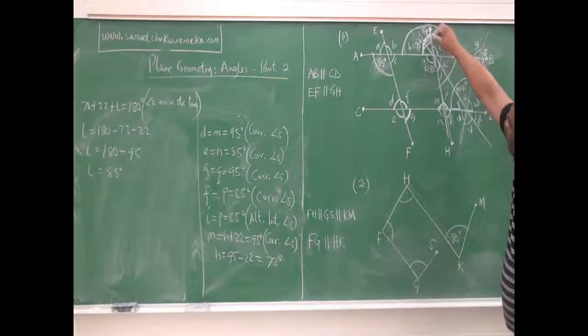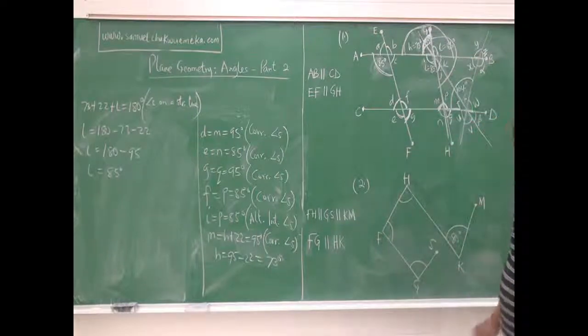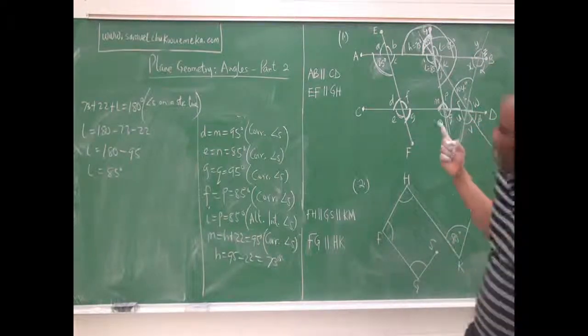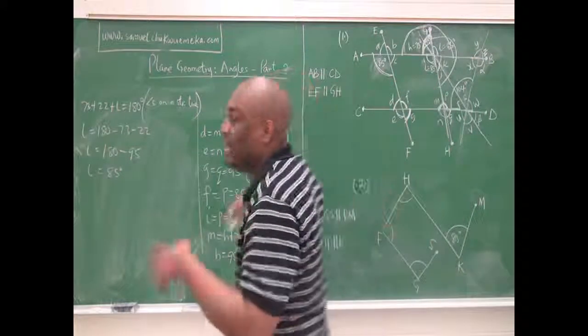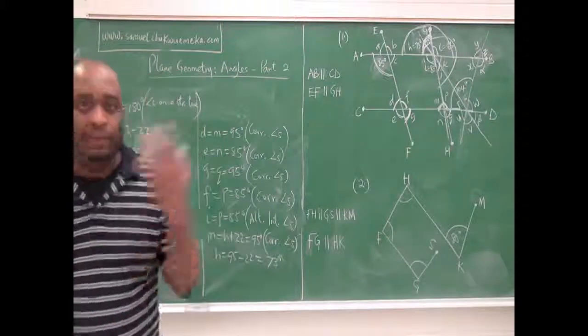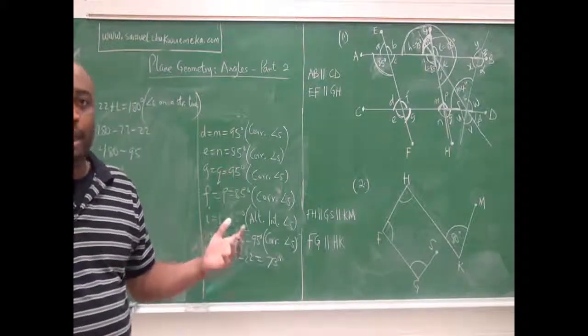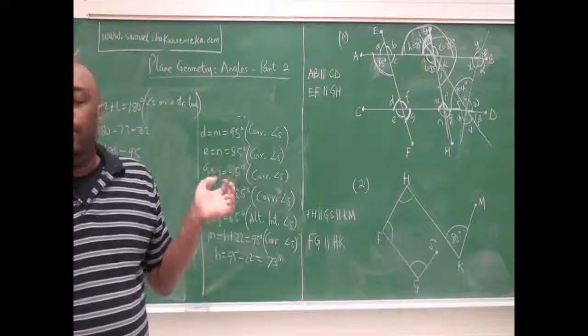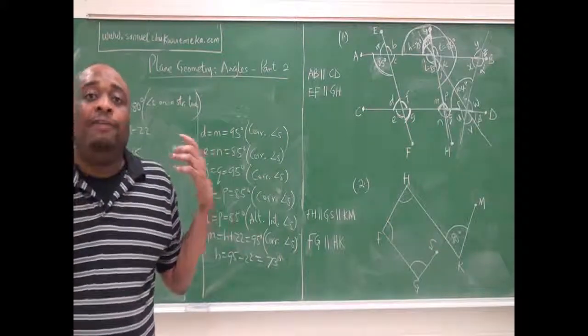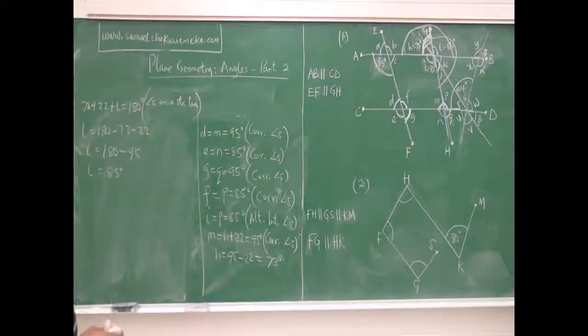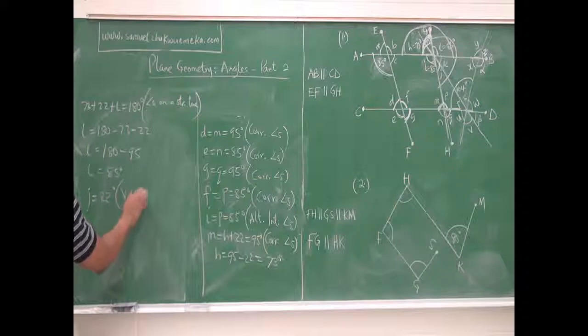So J is 22. Look at it. It is still vertical angles. Now, I know that it is not between parallel lines, but vertical angles applies even to angles that are not between parallel lines. So J is 22 degrees. Vertical angles.